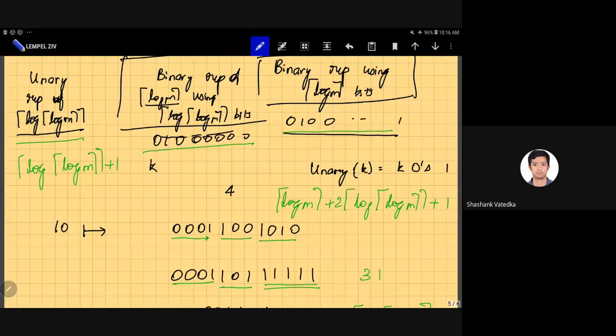Okay, so can you tell me when this encoding would be suboptimal or when it would not be good?